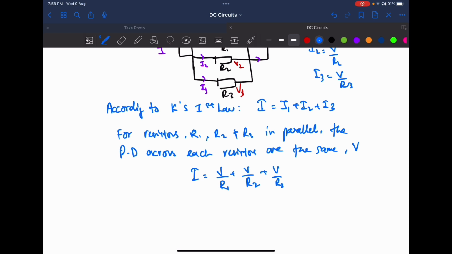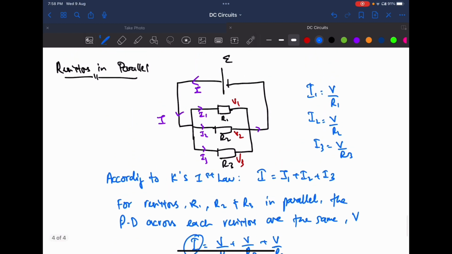But how about the current? This is the total current. So the total current is the EMF over total resistance. So we can put here V over RT equals V over R1 plus V over R2 plus V over R3. But why is the potential difference the same?